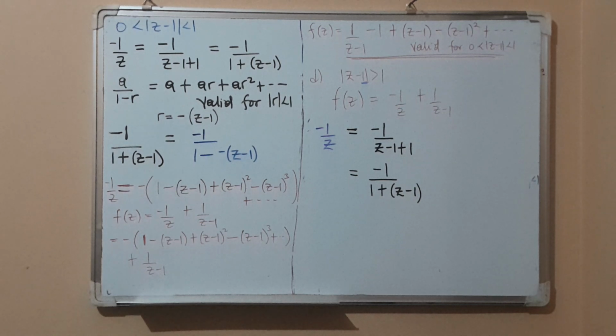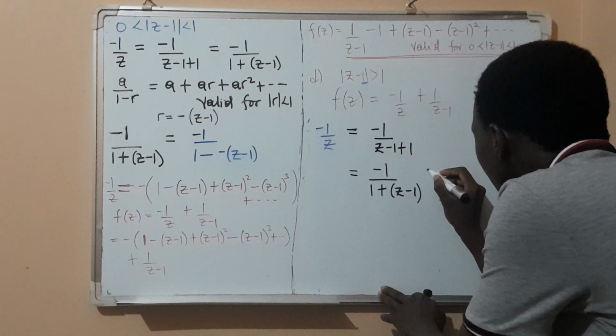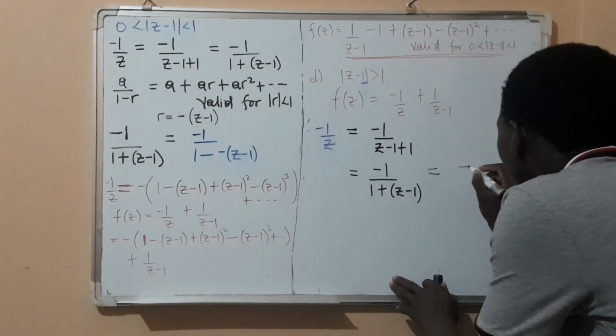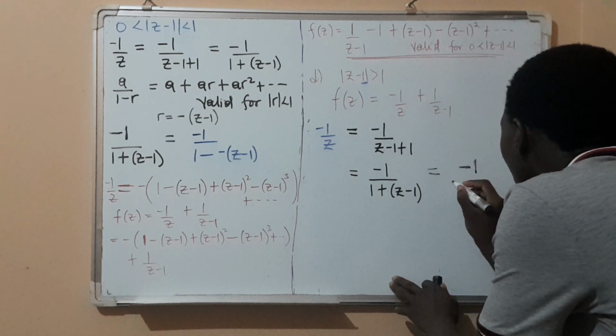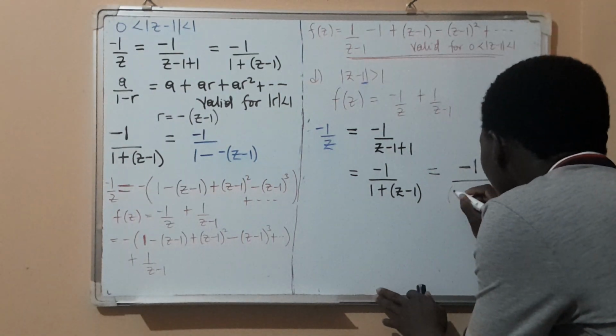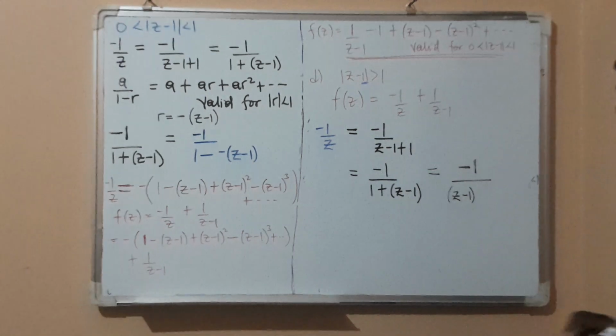This is the same as negative 1 over z minus 1.